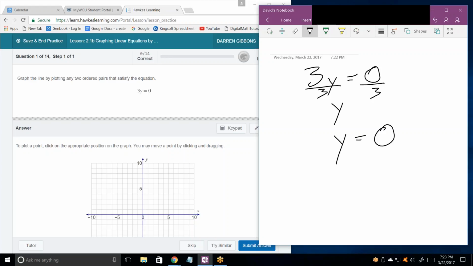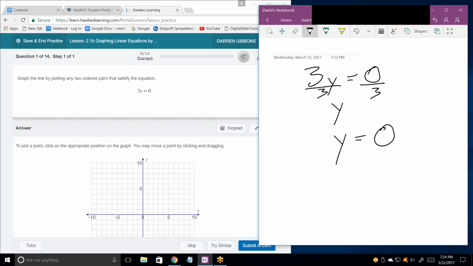Okay. Now I'm trying to figure out how it wants me to put this answer in. To plot a point, click on the position. You may move a point by clicking and dragging. Graph the line. Well, the equation is y equals 0. And they want me to put 2 points on there that will give me that equation. That's actually the equation of a horizontal line. In fact, that's the equation of the x-axis.